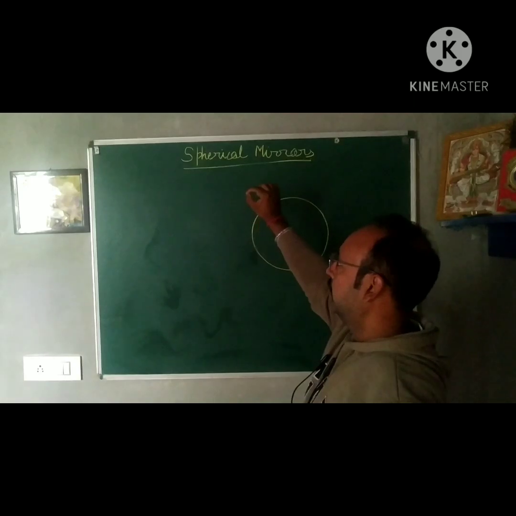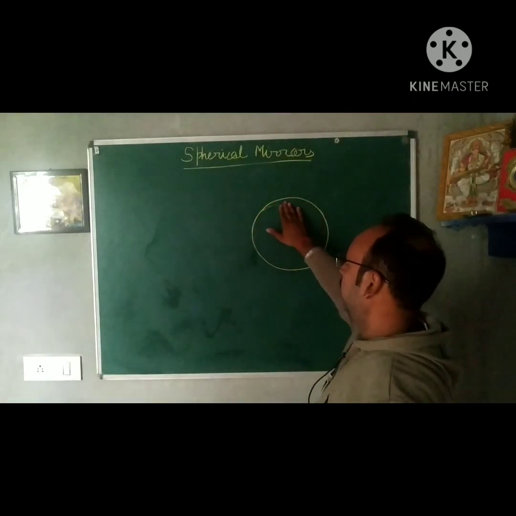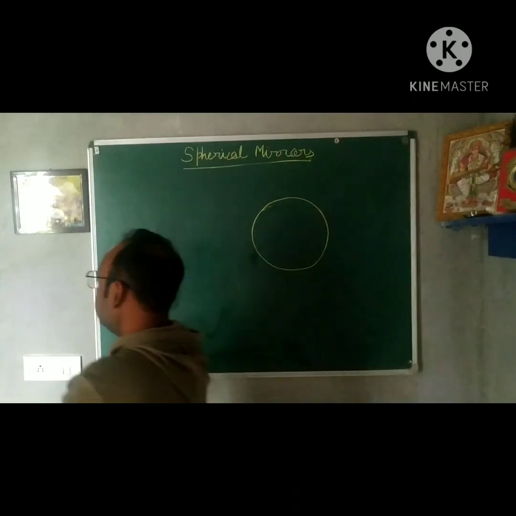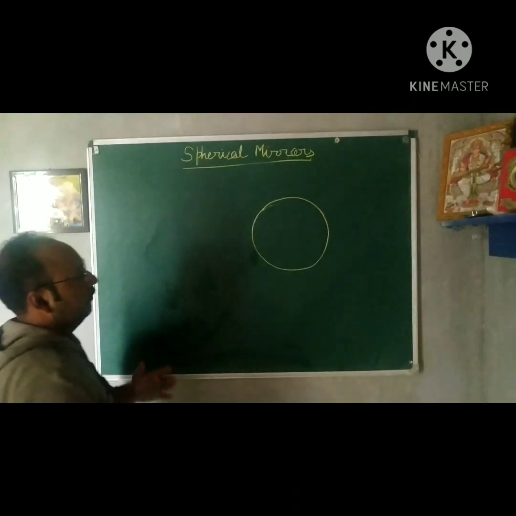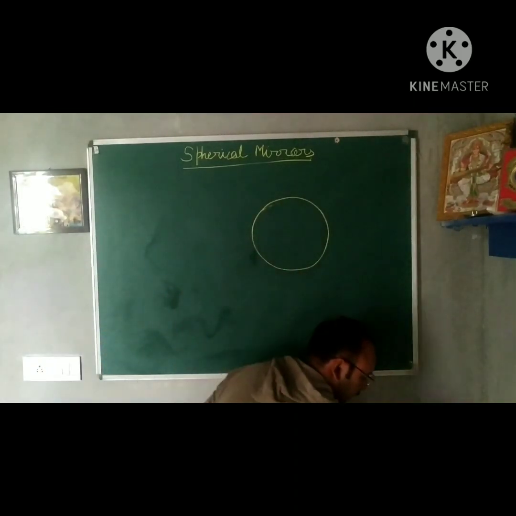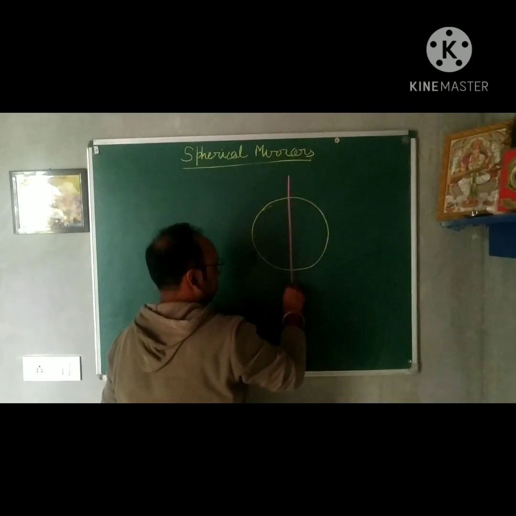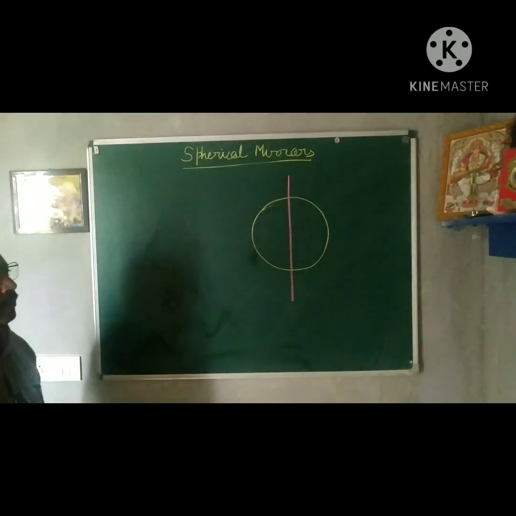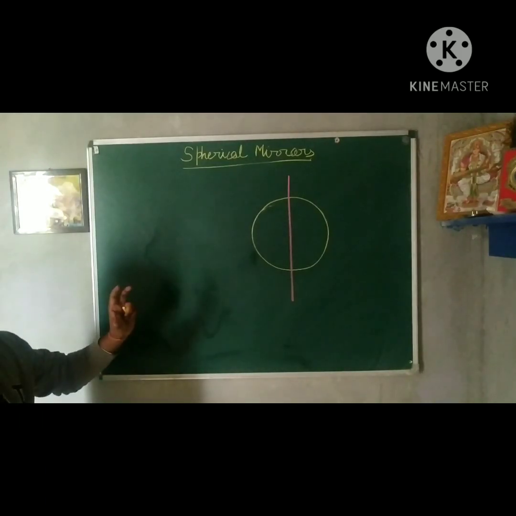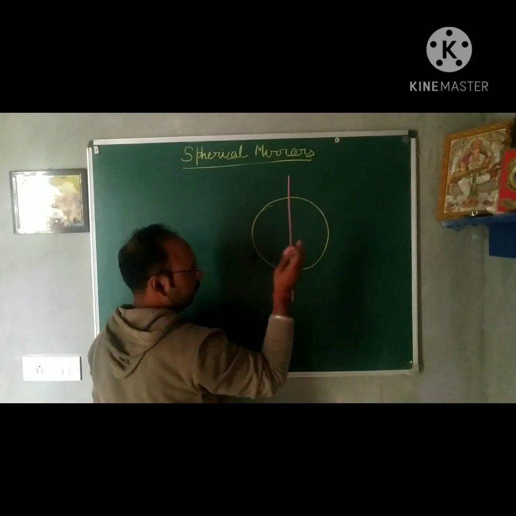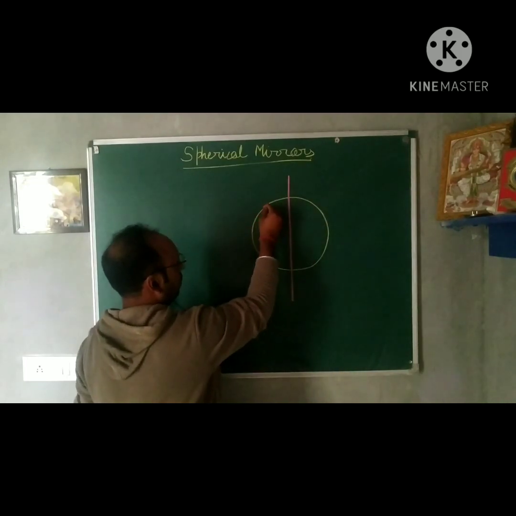There must be a sphere related to these mirrors. So if I consider a ball, a 3D sphere like this, and I make a cut over there like this, right? This is a glass and I make a cut, and then I polish one surface on both the mirrors.